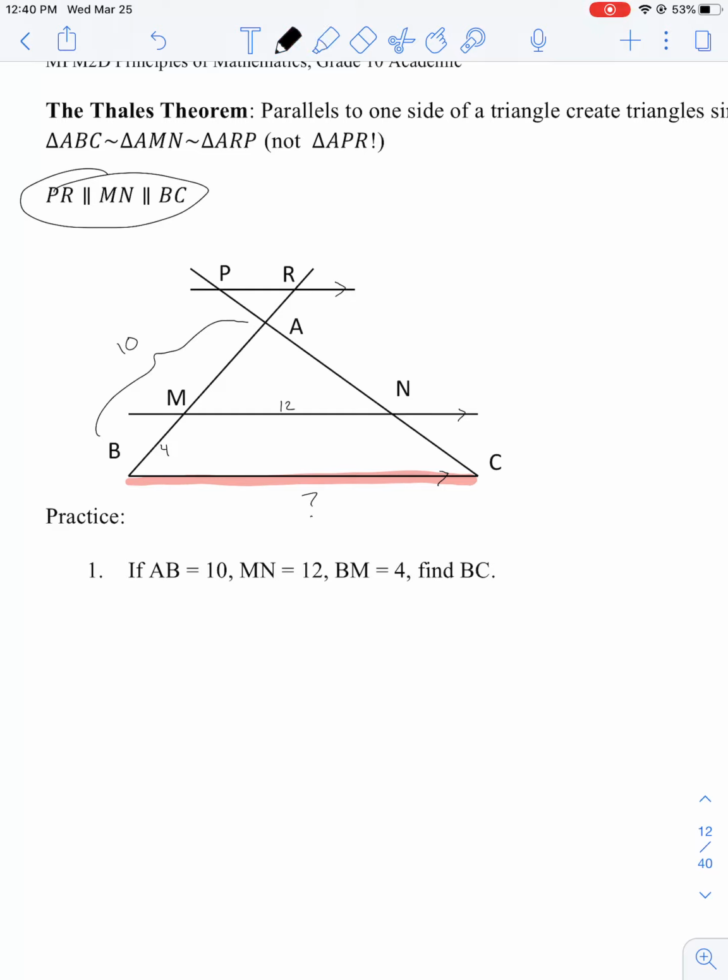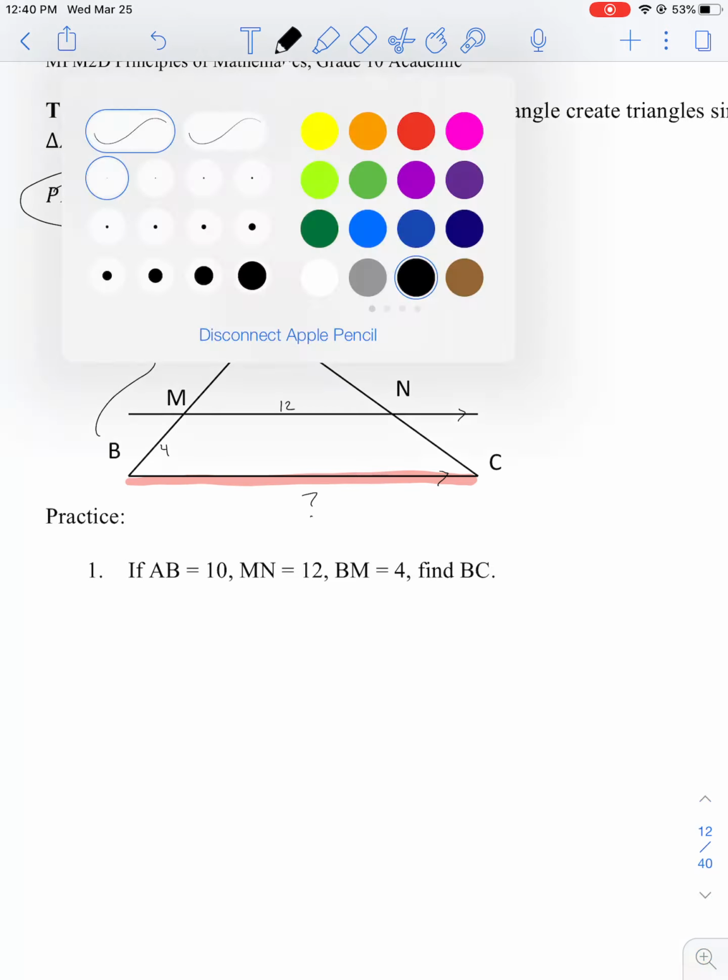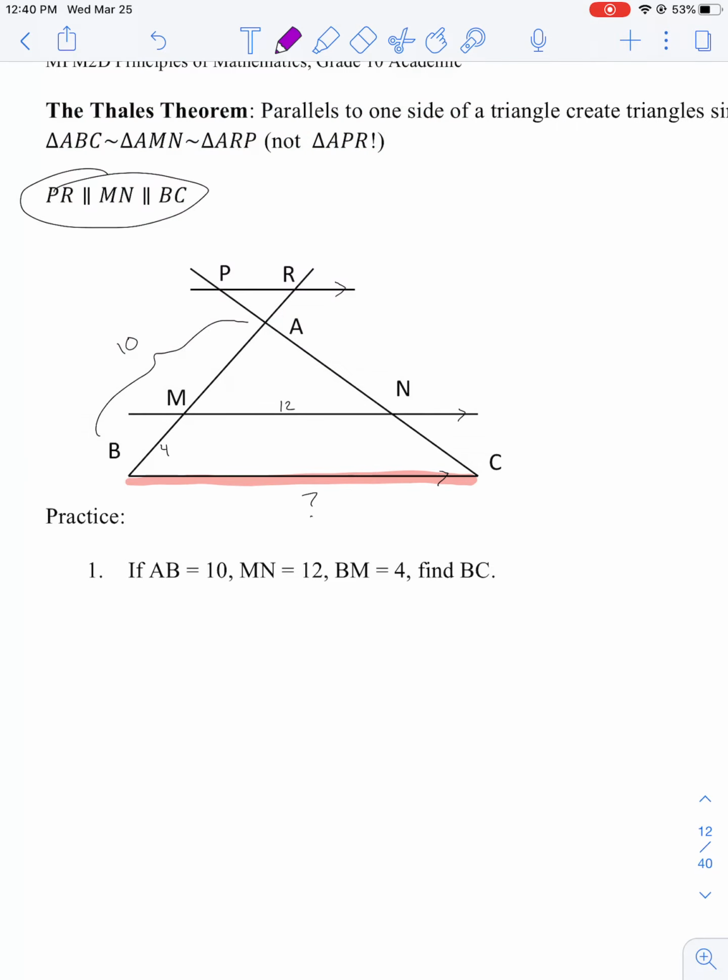So we can take a look and see why these triangles are similar. I'll show you real quick, and then I'll erase all the extra writing I'm going to write here. But if we take a look at angle, angle, angle.